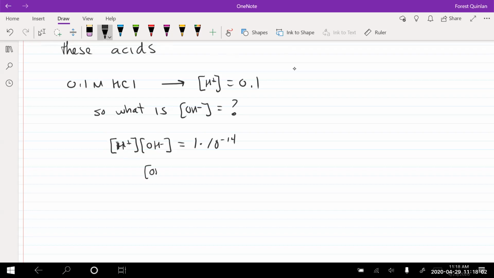So the concentration of OH minus is equal to 1 times 10 to the minus 14 divided by the concentration of H plus. That's 1 times 10 to the minus 14 divided by 0.1, or 1 times 10 to the minus 13 is the concentration of OH minus.